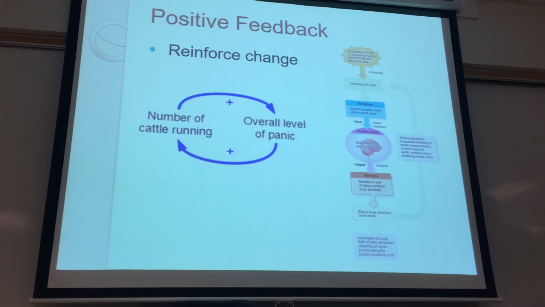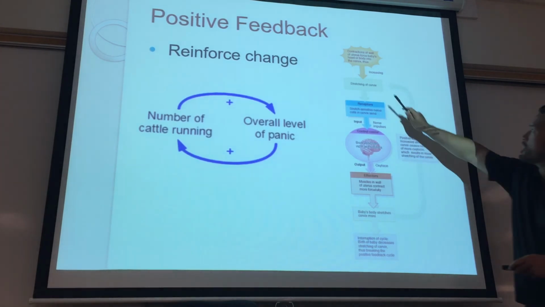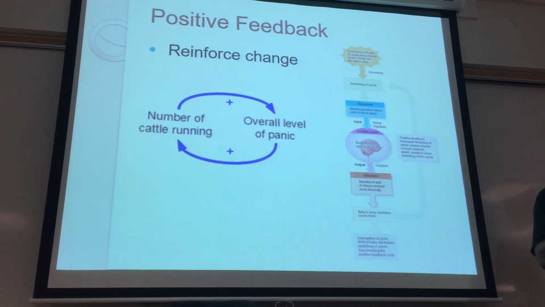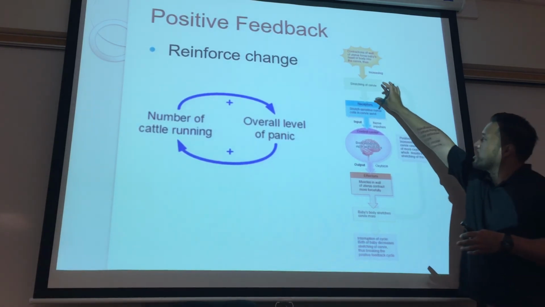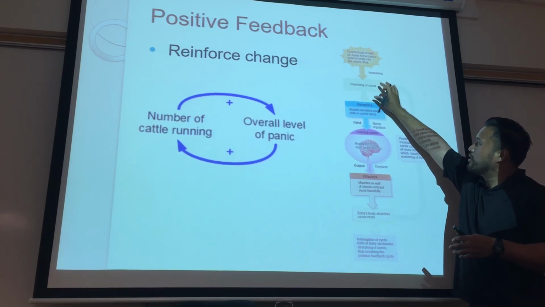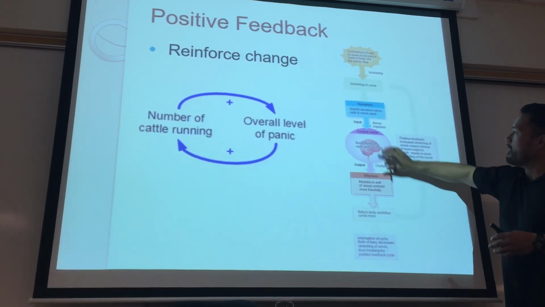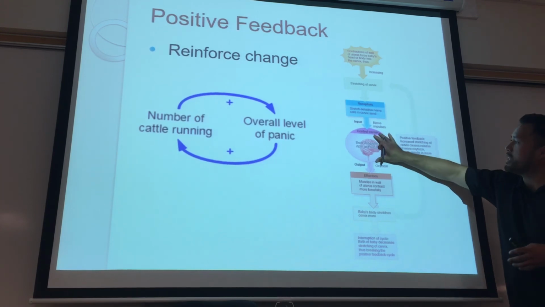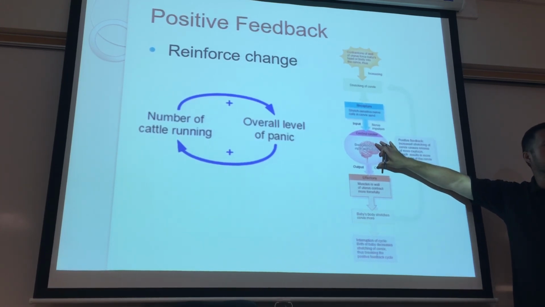And so what happens in this case is the stretching of the cervix that takes place when the fetus starts to press against the cervix. When that stretching takes place, the control center is going to release oxytocin as a result.